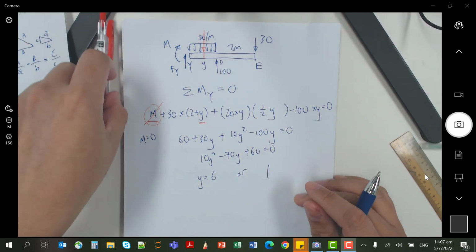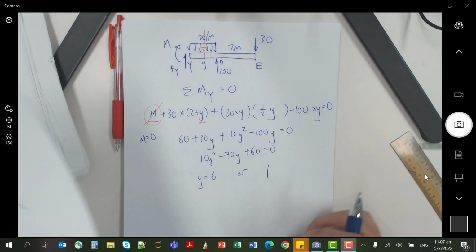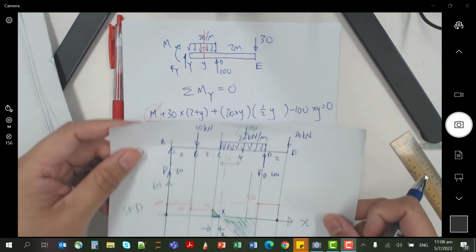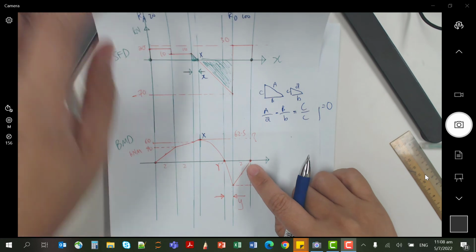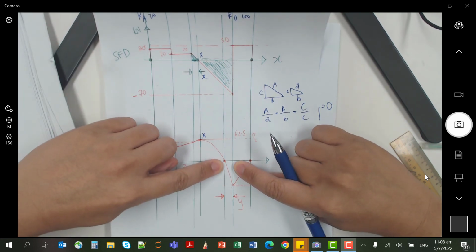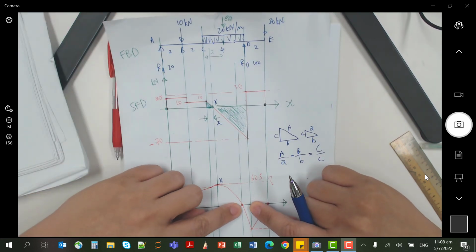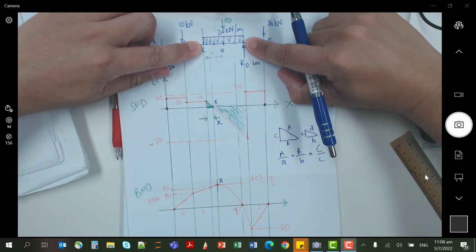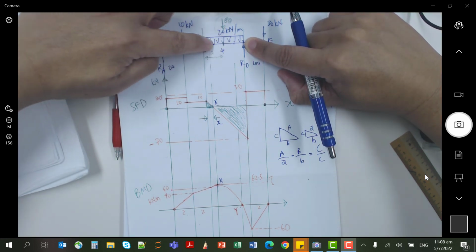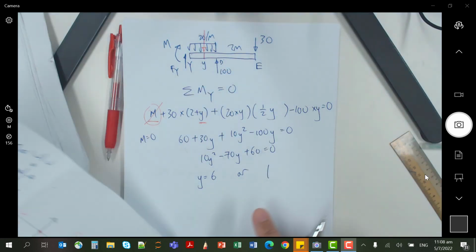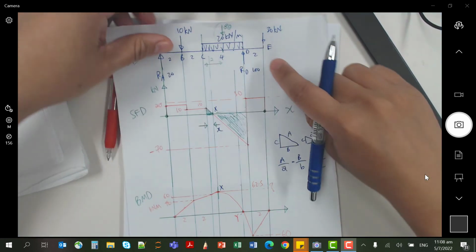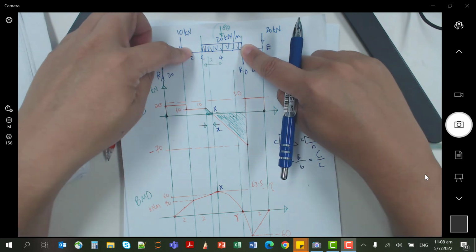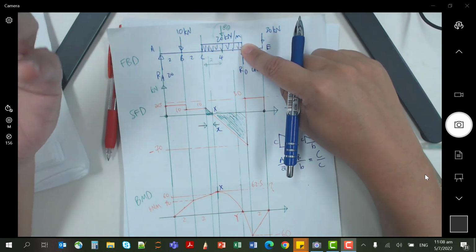So which one do you think is the correct answer? When you look at this, you see the y is actually some distance within the 4 meters. So y could be somewhere around here. If you tell me y is equal to 6, it is over the UDL already, so it's not correct.